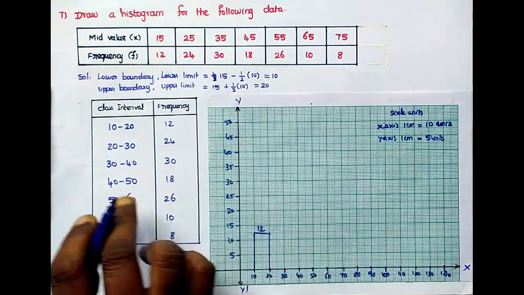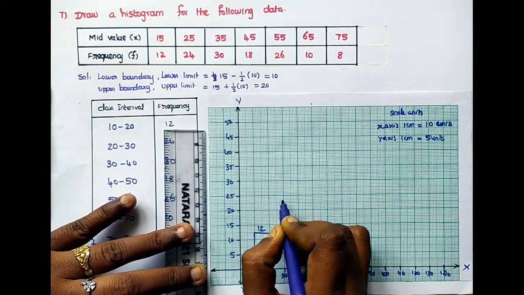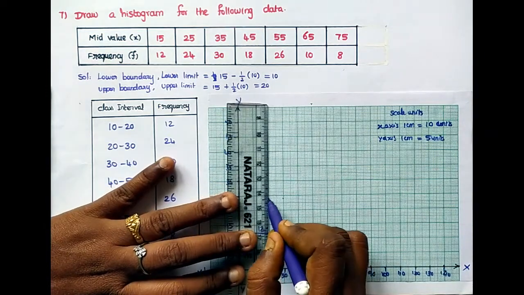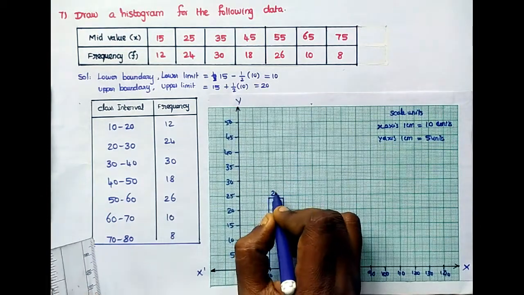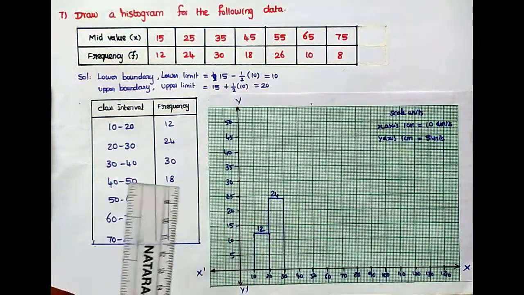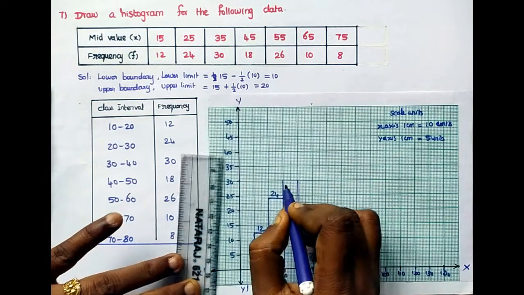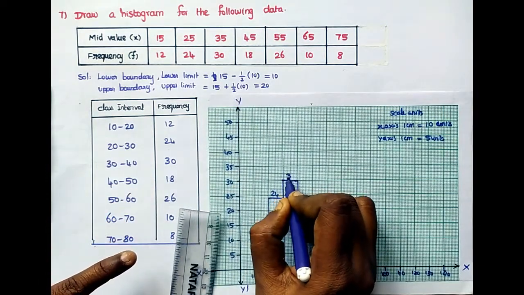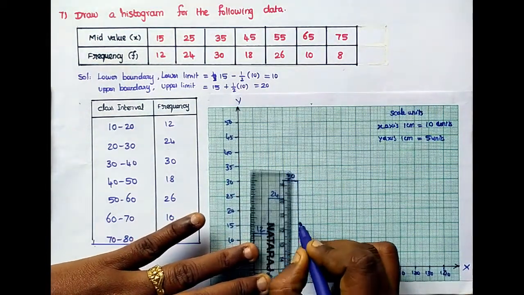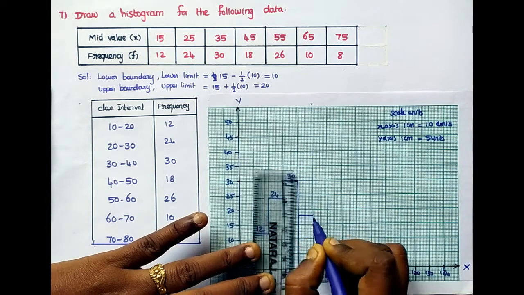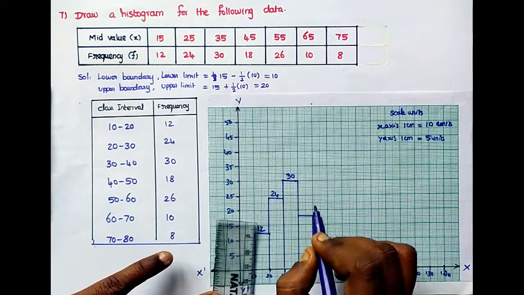That is 12. Next 20 to 30, 24. Here 24. Next one 30 to 40, 30. 40 to 50, 18. 50 to 60, 26.